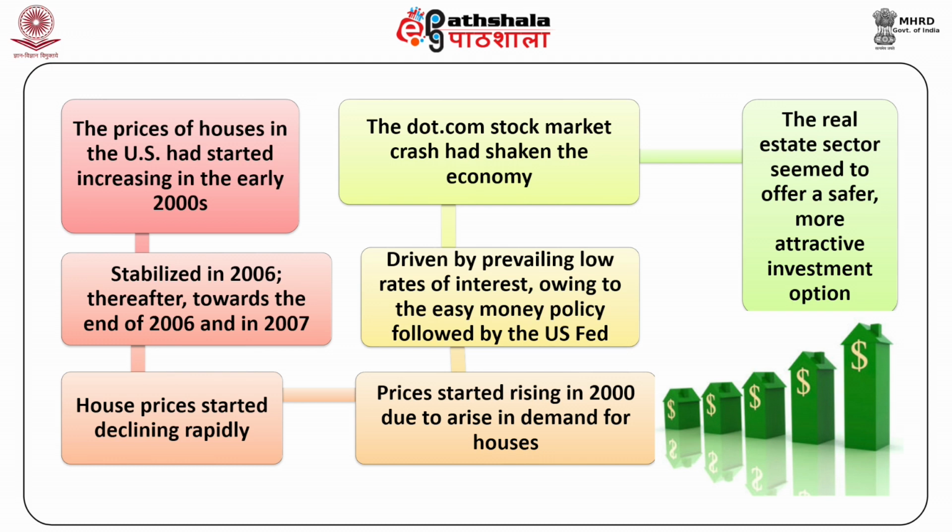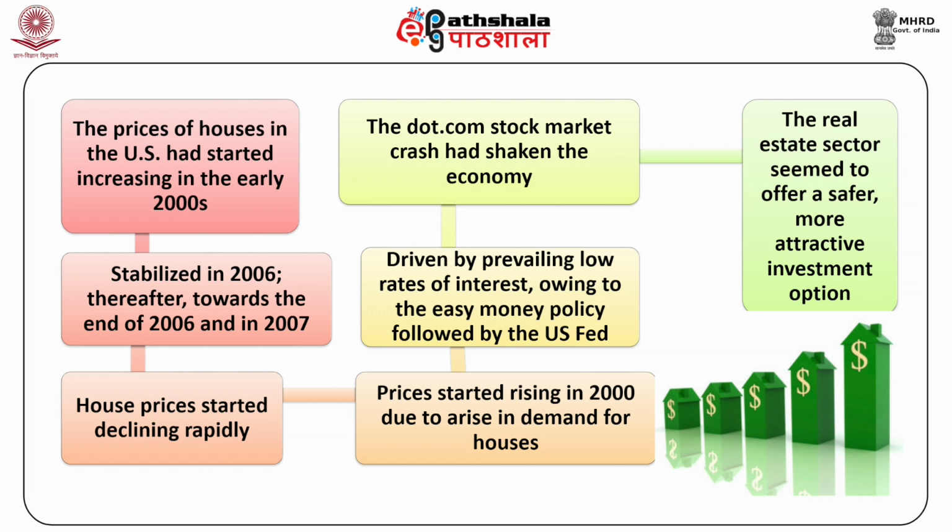Let us try to analyze why housing prices behaved in this manner. The prices started rising in 2000 due to a rise in demand for houses. This increase in demand for houses was partly driven by prevailing low rates of interest owing to the easy money policy followed by the US Federal Reserve Chief Alan Greenspan.